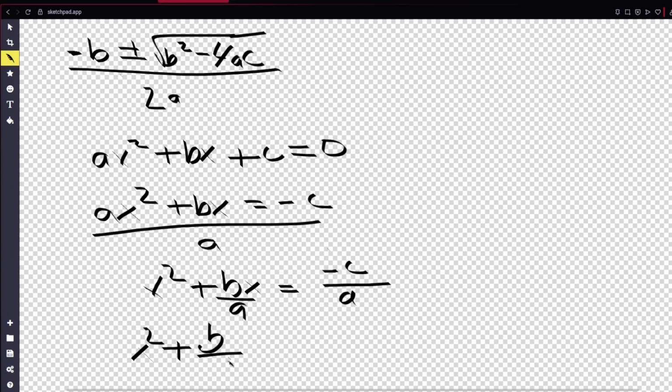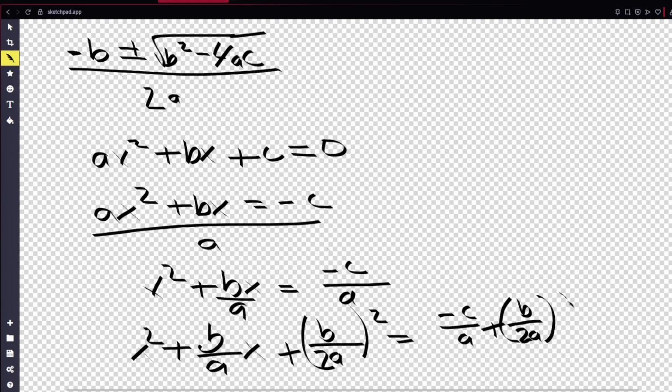As we know, completing the square is adding b over 2 squared to both sides. So we're going to do so. So it's x squared plus b over a x plus b over 2a squared equals negative c over a plus b over 2a squared. That's the same thing as x plus b over 2a squared, using the property rule.